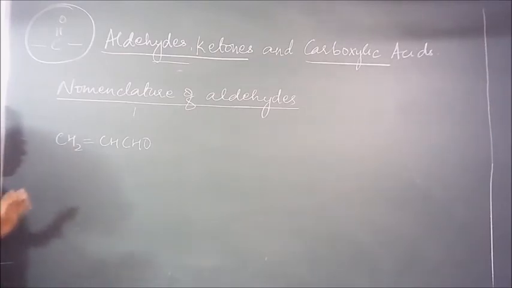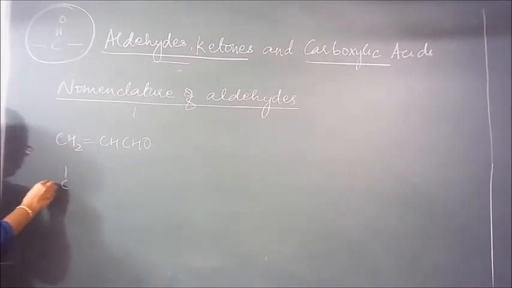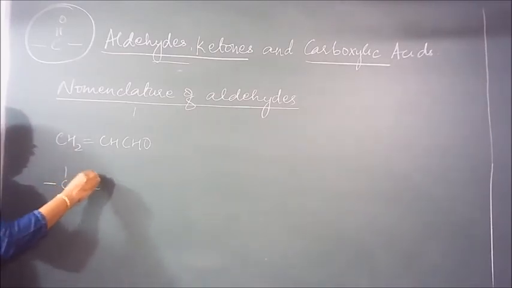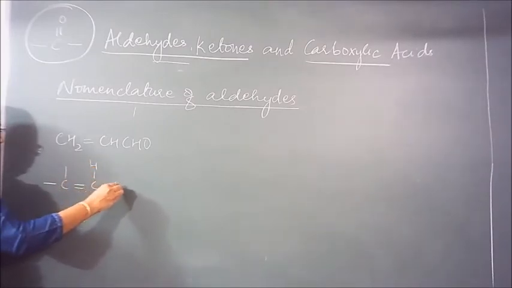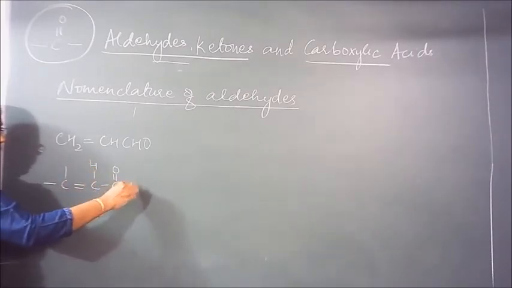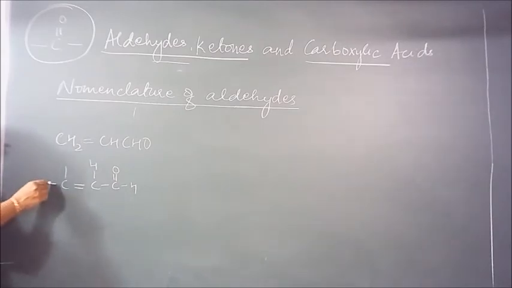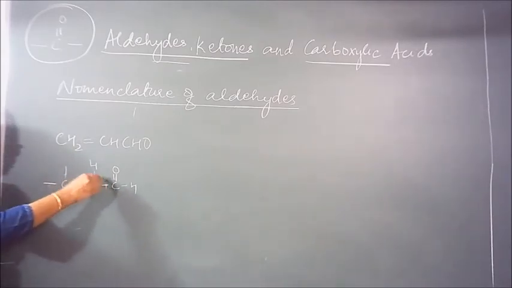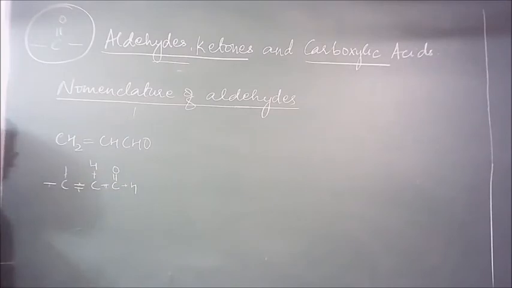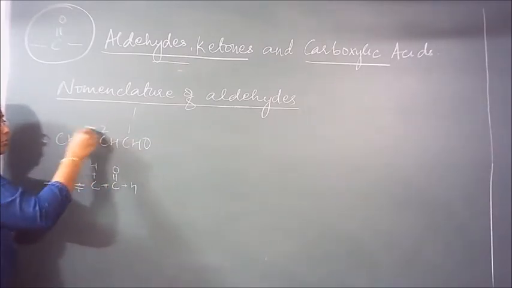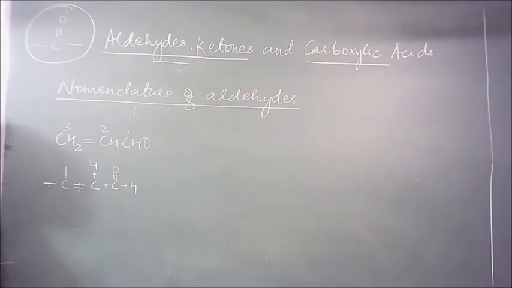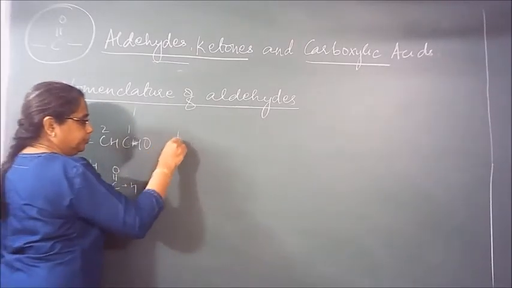Let us first check if all four valencies are satisfied. You have CH2 double bond CH, and C double bond O and an H. All carbons should have 4 bonds: 1, 2, 3, 4. So this is proper. Now we will number it: 1, 2, 3. So it is proper.